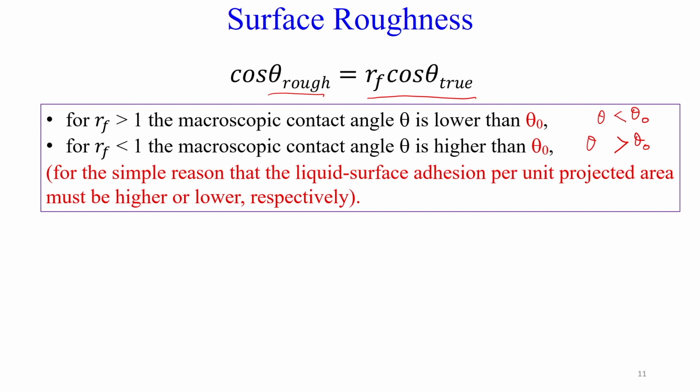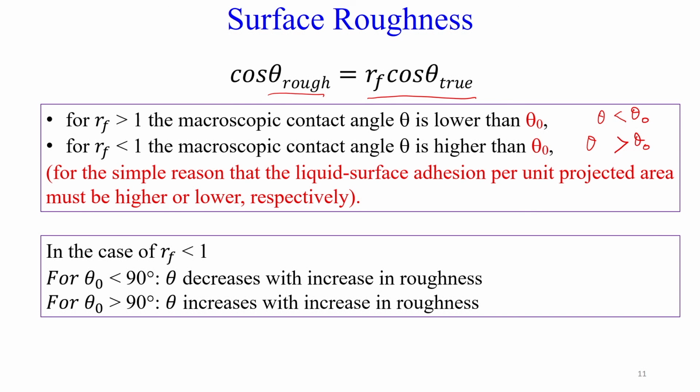So, we will see how a surface can be made more hydrophilic or more hydrophobic with the same chemical nature by simply tuning the surface morphology or the surface roughness. We will consider one case, where the true theta 0 was less than 90, so it was a hydrophilic surface.